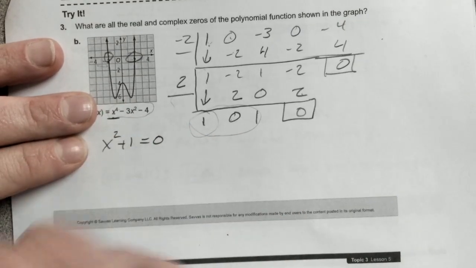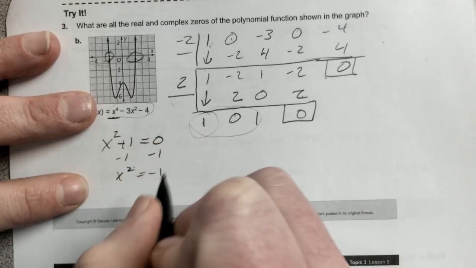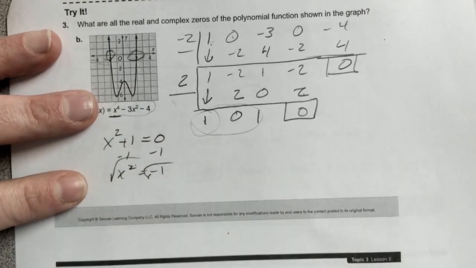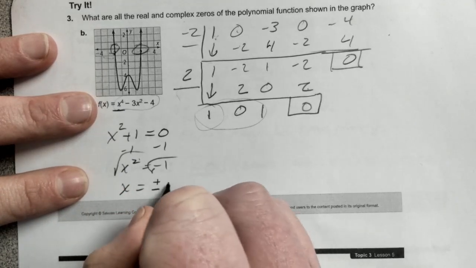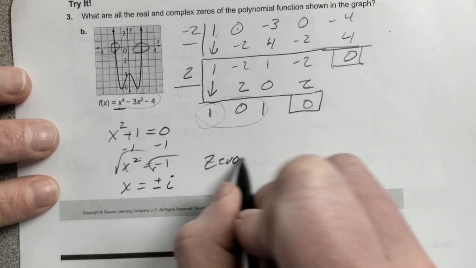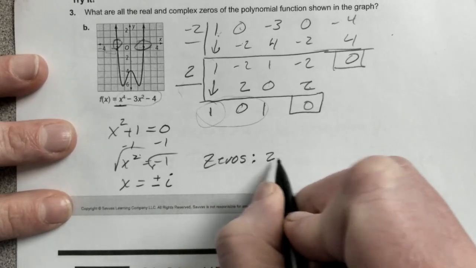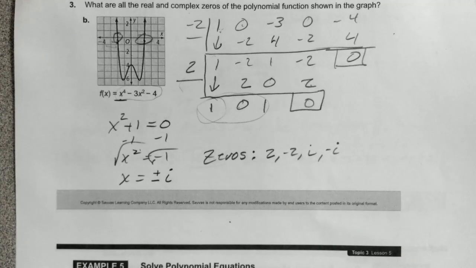That we need to solve. And we can do that relatively quickly. Subtract 1, x squared is equal to negative 1, square root and square root. So x is equal to plus or minus i. Our zeros for this function are 2, negative 2, i, and negative i.